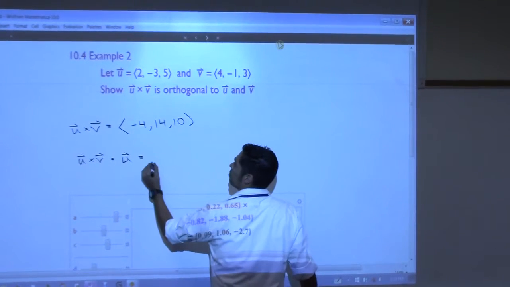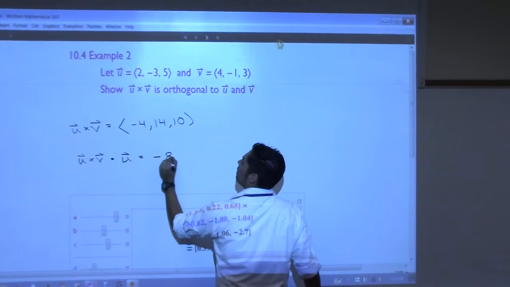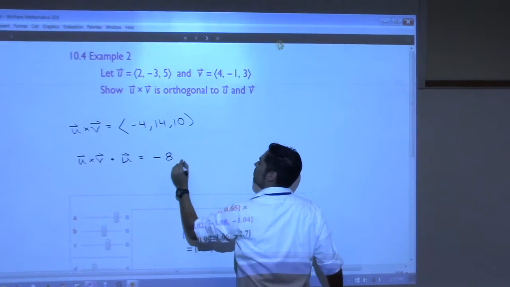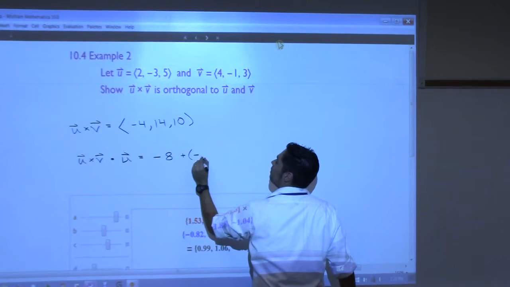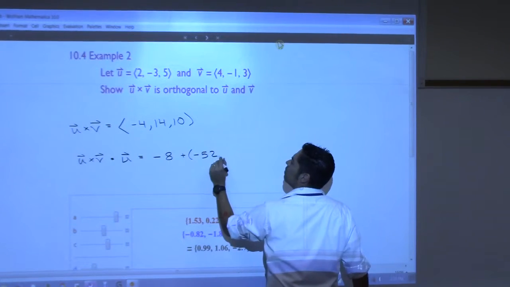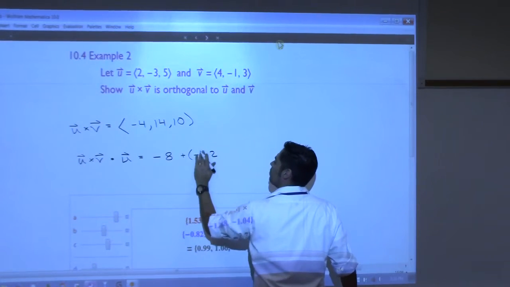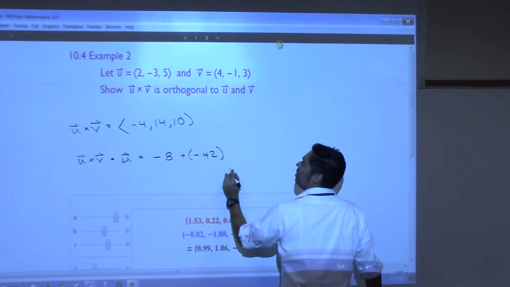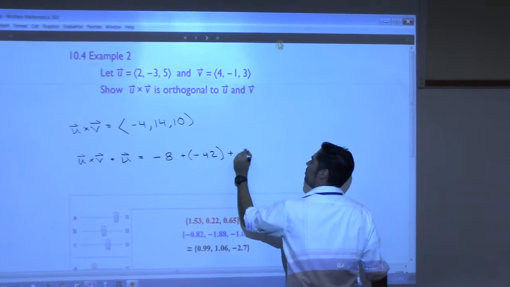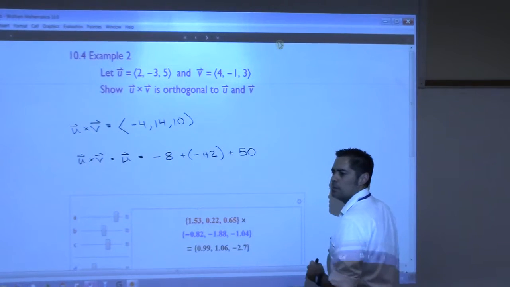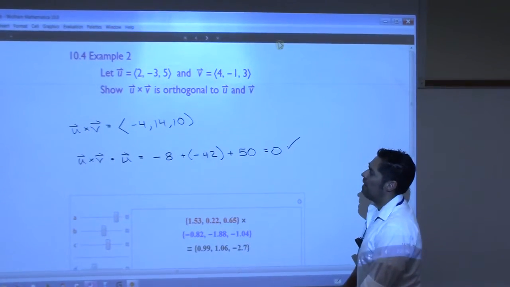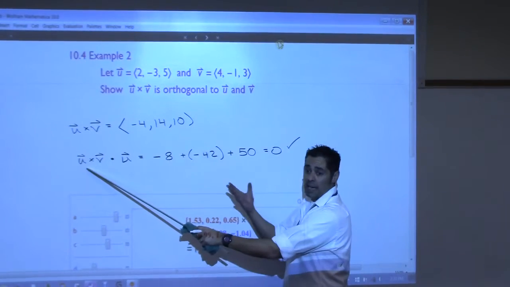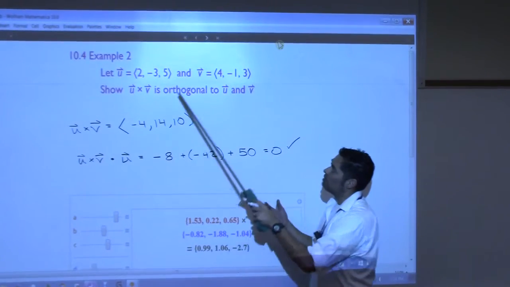And we should get 0, shouldn't we? Negative 8, plus negative 52, plus 50. Wait, negative 8 plus 42, plus 50 is not quite right as spoken, but the sum comes to 0. So that means that the cross product vector that we created is orthogonal to u.